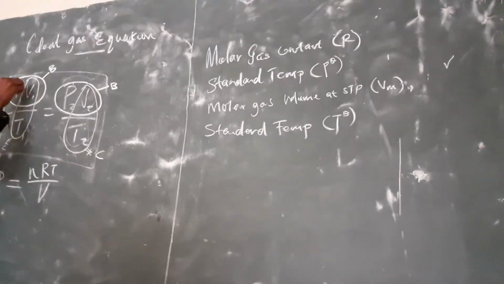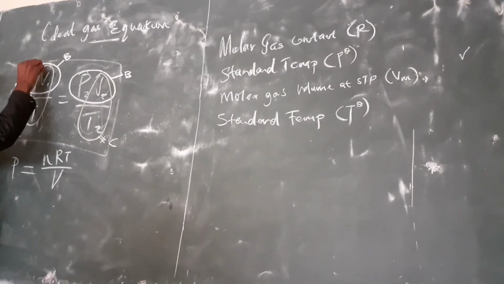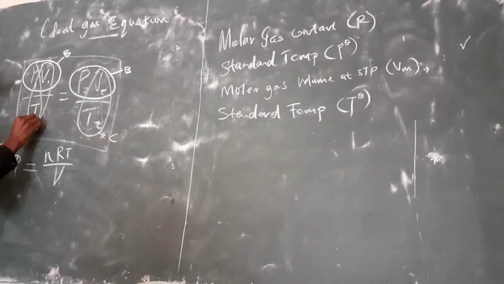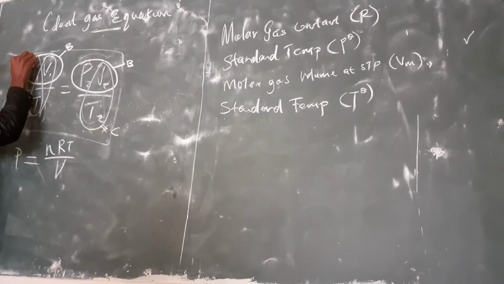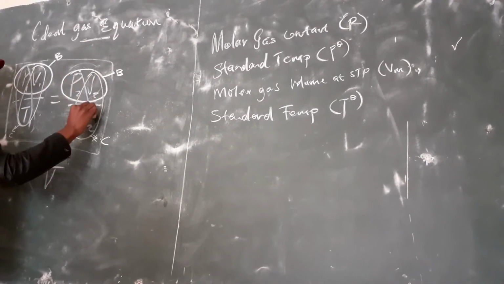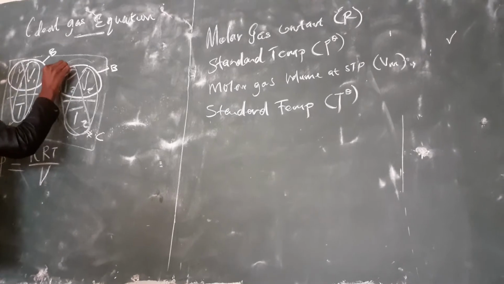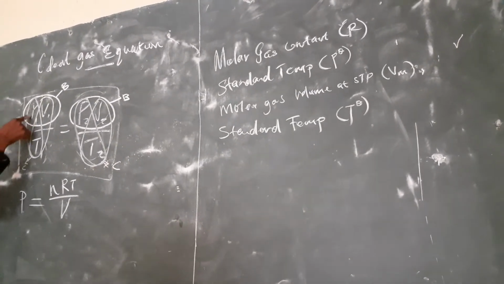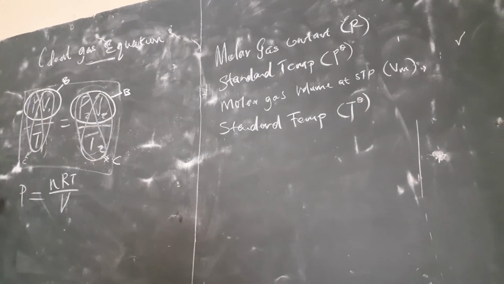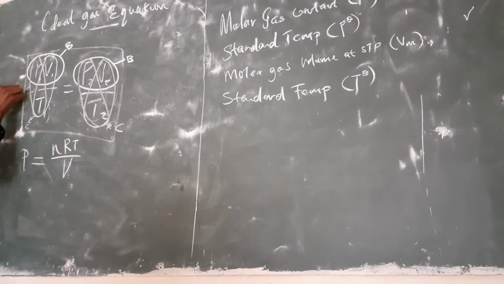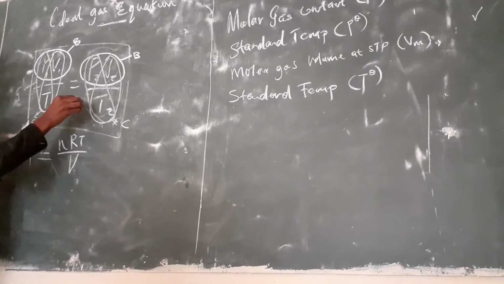And then the remaining becomes our Guy-Lussac. Looking at this one, we have this, which is Guy-Lussac. This one is our G, Guy-Lussac.